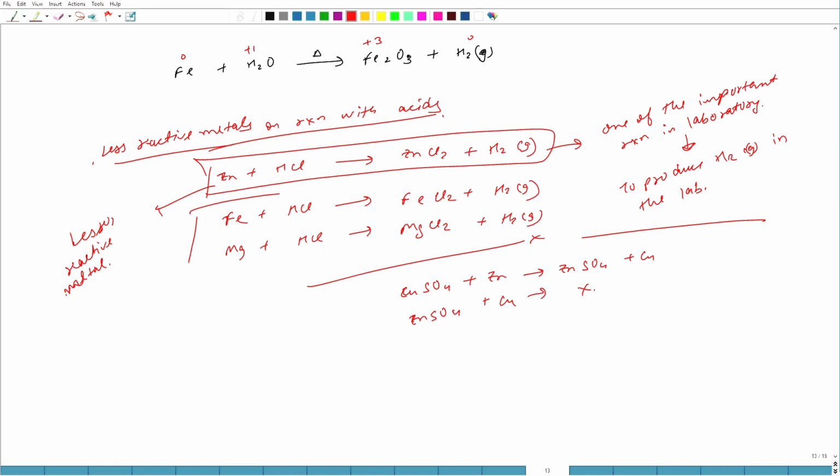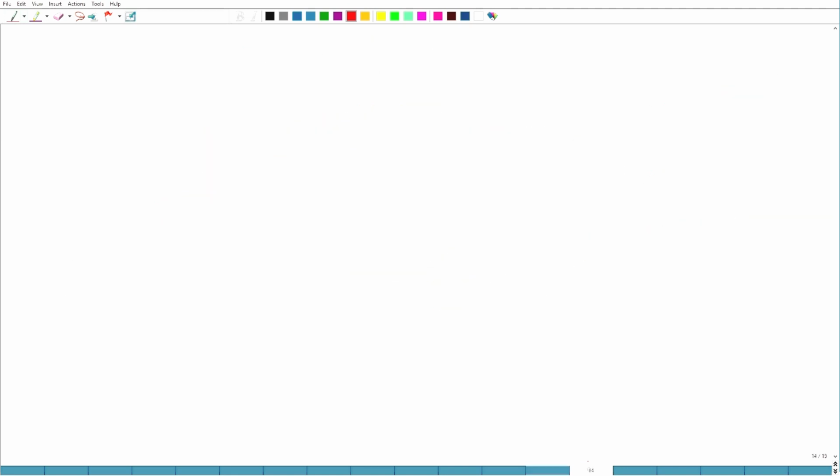It is so because there is a reactivity series of metals, which says that zinc is more reactive than copper, which in turn is more reactive than silver. This I have discussed with you in the previous class, where we discussed preferential oxidation.